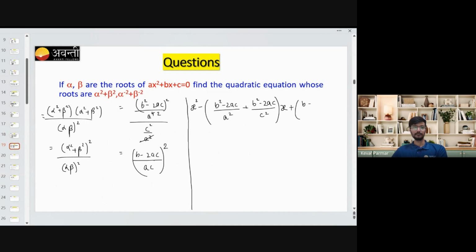Oh, okay, it was b square: (b square minus 2ac) upon ac the whole square, is equal to 0. This is my final answer. Let's see the next.